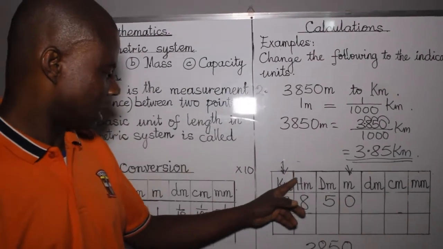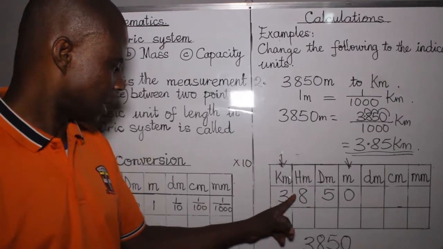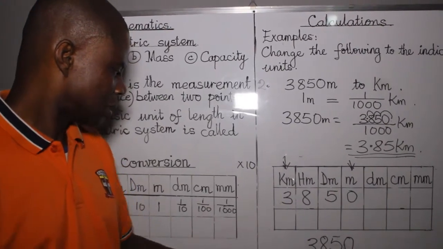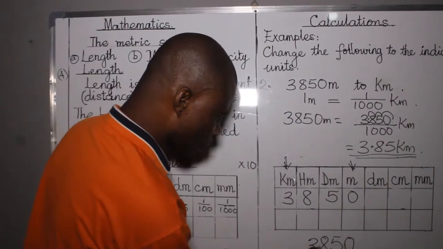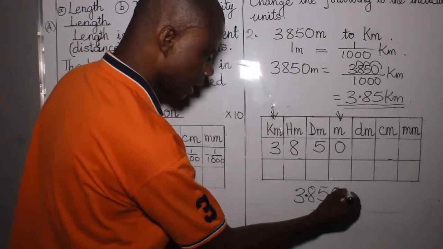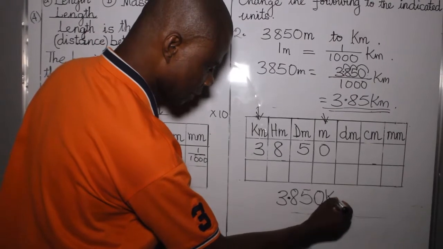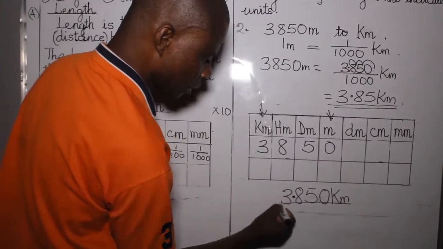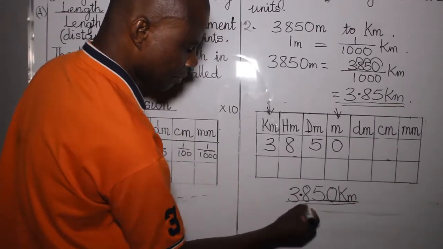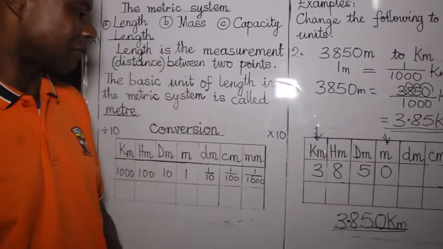The boundary, meaning the column, is on this line. So our point comes here. Then we have kilometers. And that stands as the final answer.